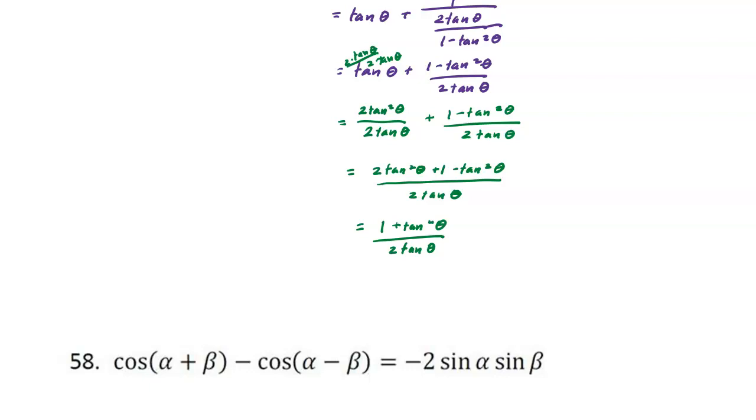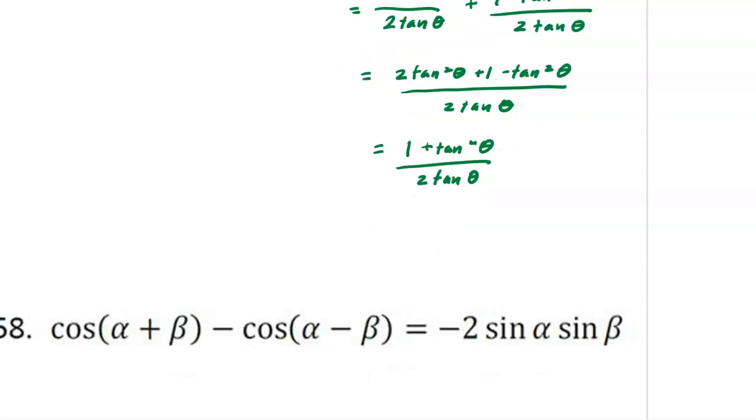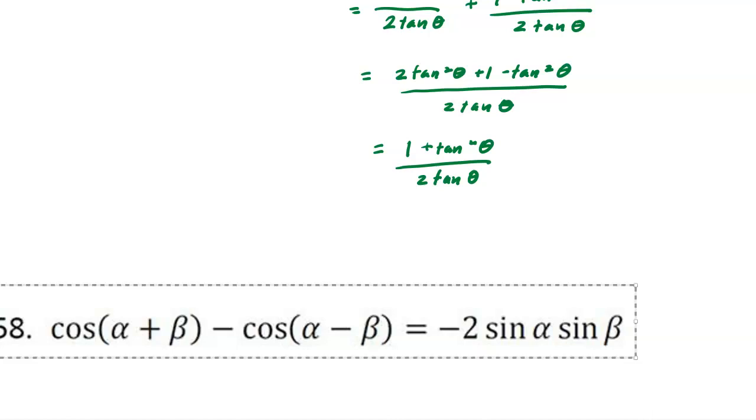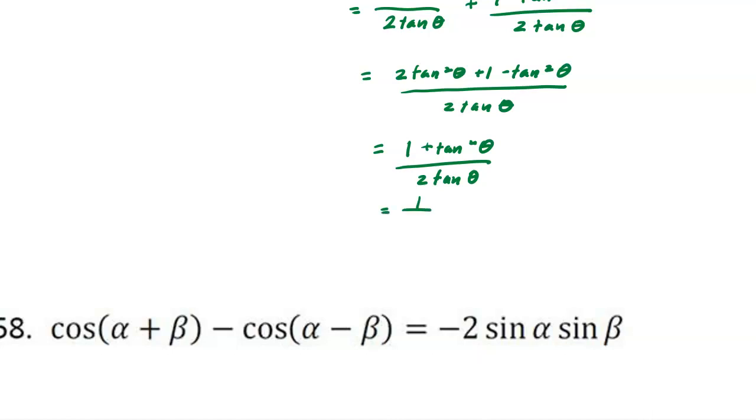Now, let's see what I can do. I'm going to break the numerator up and put it as 2 terms: tangent of theta, plus, remember, there's a 1 up here, tangent square theta over 2 tangent theta.